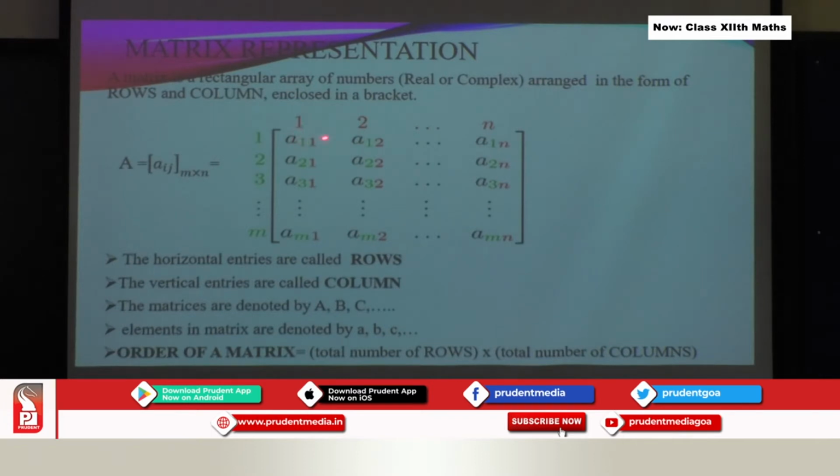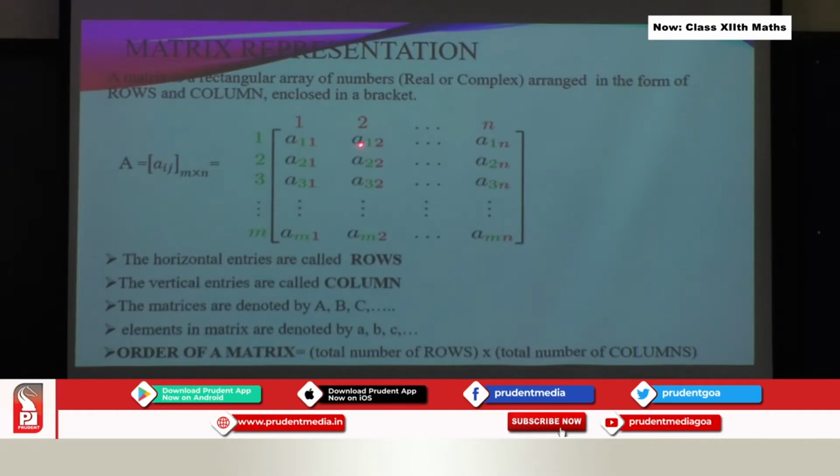You can see here there are n number of columns and m number of rows. Here A11 represents the first element, and the position of this element is first row and first column.